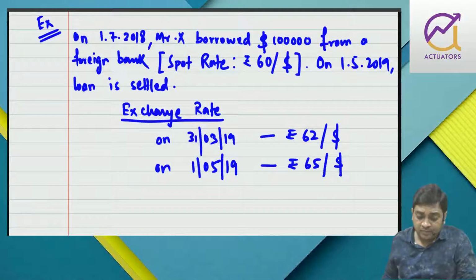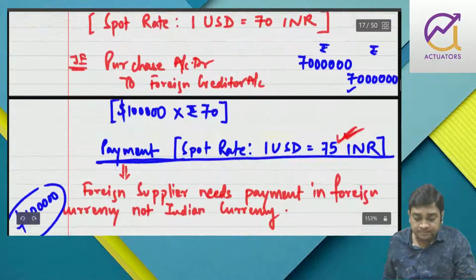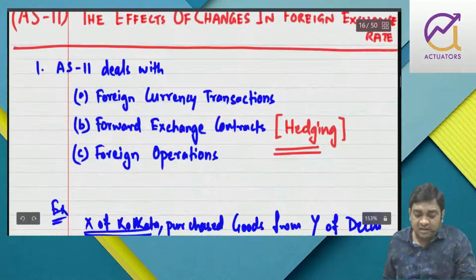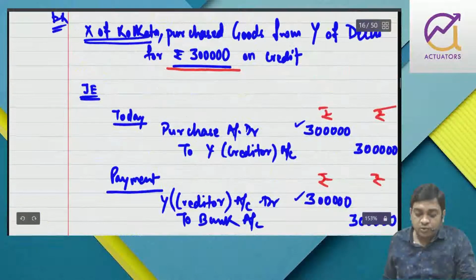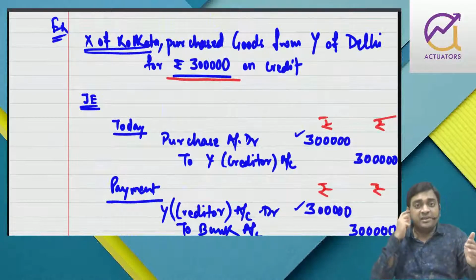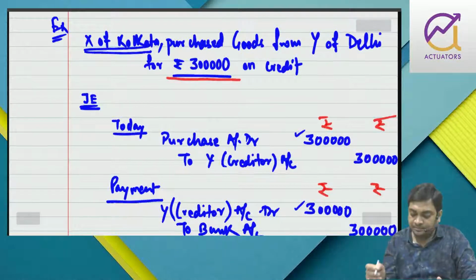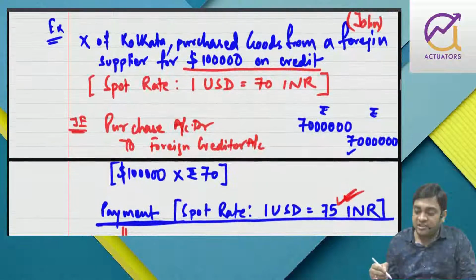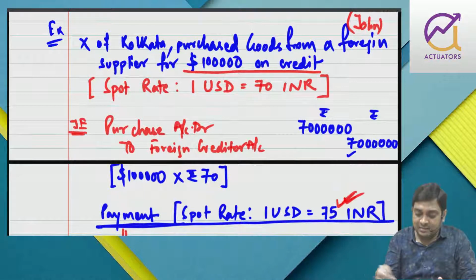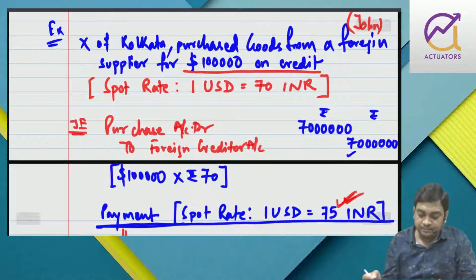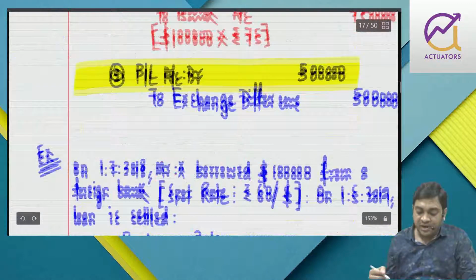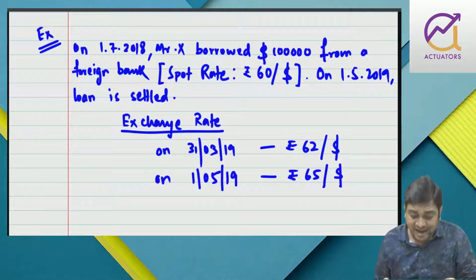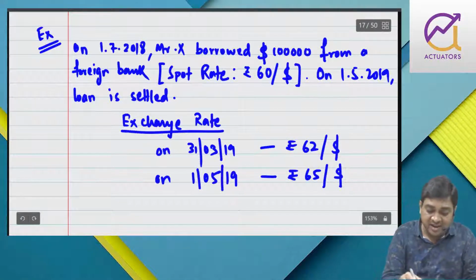So initially we learnt how to record a transaction which has been entered with an Indian supplier, right? Then we learned how to record transactions when you enter with a foreign supplier, right? So another example. Now in this case you can see that the payment is being made in a different financial year.